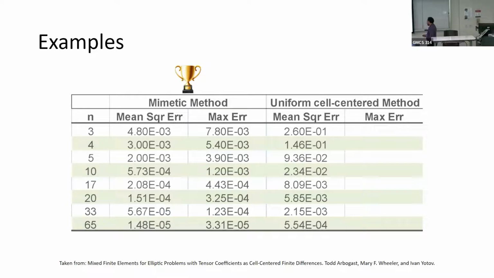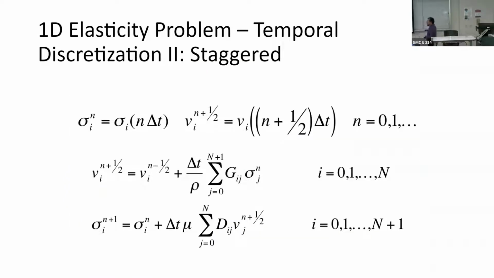Okay. So I'm going to go over this, which is a little tedious for the experts, but it's where you're asking about temporal discretization. Basically, this is for a wave equation. Here we have the stress in time, and then we have the velocity. So we're going to use a staggered approach in time and staggering in space.